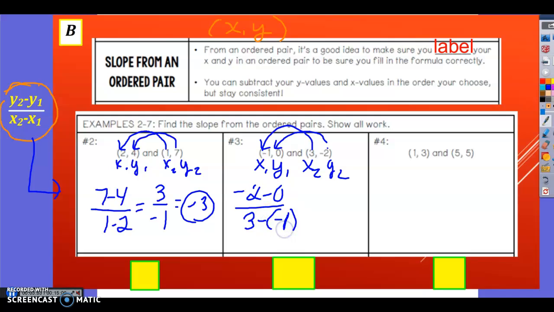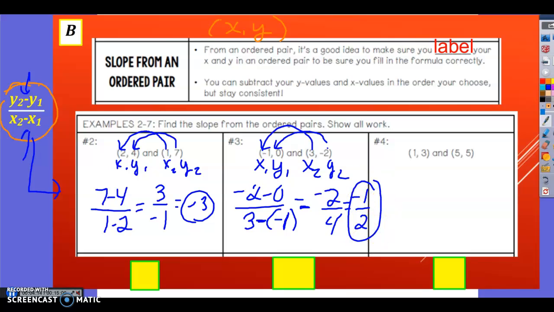You have to be careful because if the second number is negative, there's 2 negative signs in because there's always 1 in your formula, here and here. This gives me negative 2 over 3 minus negative 1 becomes 3 plus 1, which is 4. And if I simplify that, that's negative 1/2.